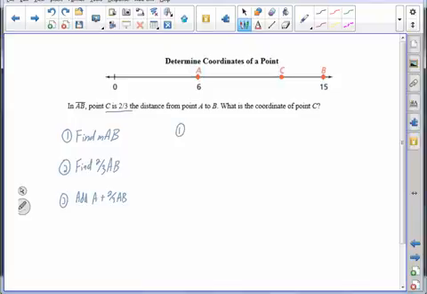Now, the first part, finding how long segment AB is, that's not super challenging because this is where we're using the ruler formula again, where we could take the absolute value of the difference of the two numbers, or you could just count. Well, how many is it from 6 to 15? From 6 to 15, we have 9 units long.